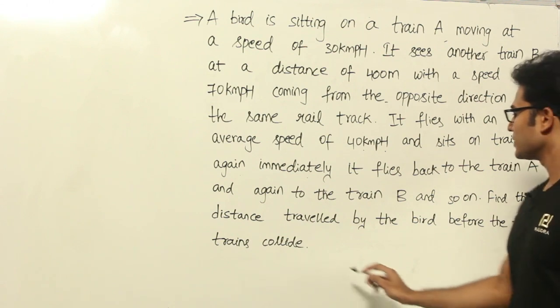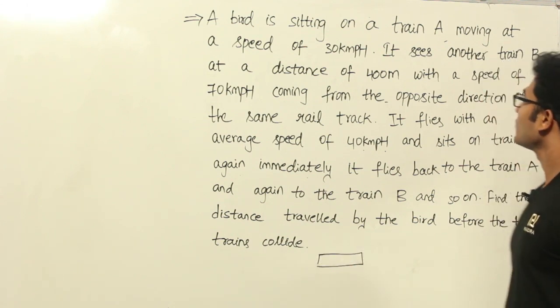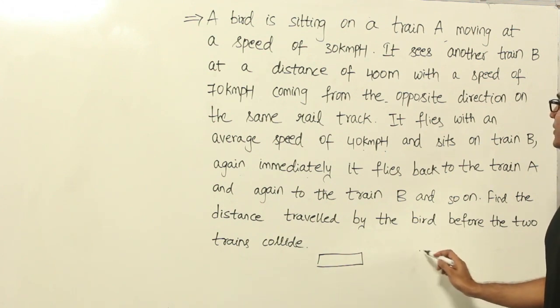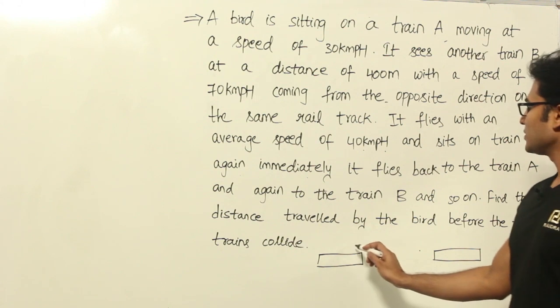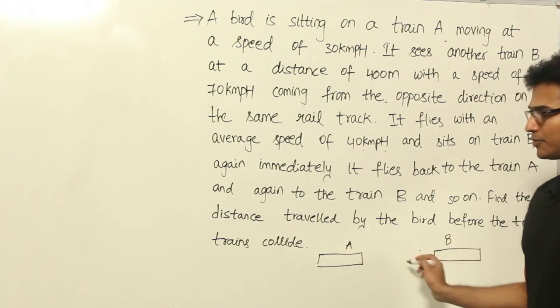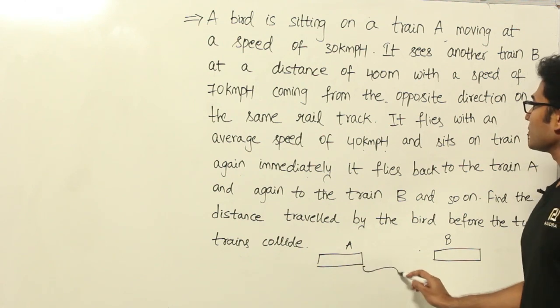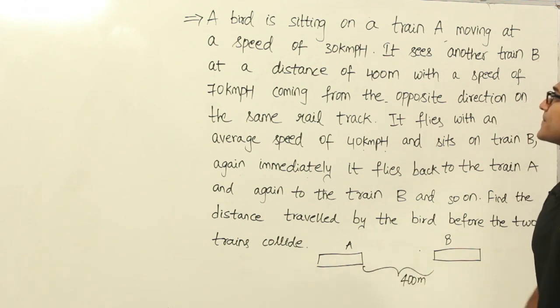So what they are trying to say is, there are two trains. One train, let's call it A, and the other train, let's call it B. Both are moving on the same track and both are separated by a distance of 400 meters, right?